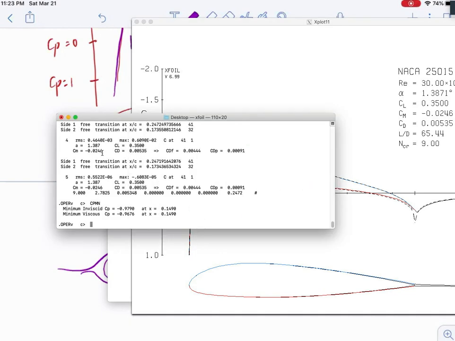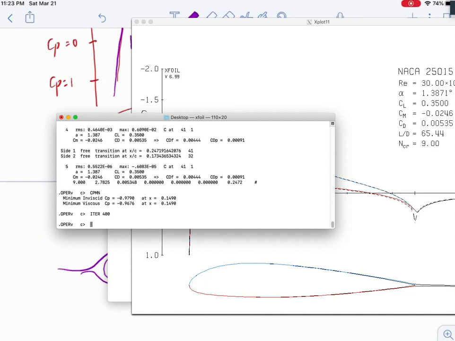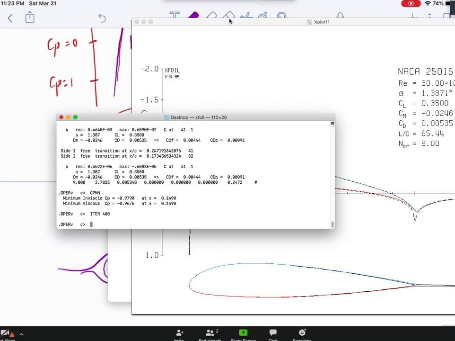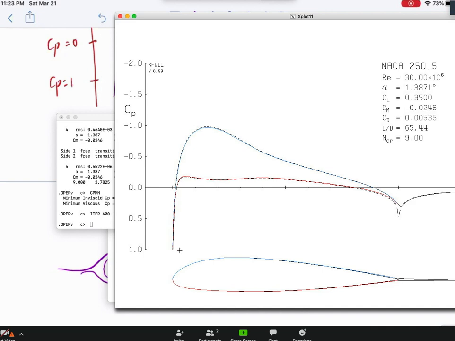To do that, I advise doing iter 400. When XFOIL is running, it runs an iterative solver where it solves for the inviscid pressure distribution over the foil. Then it computes the boundary layer properties by integrating from the leading edge back, and that adds an effective thickness, or displacement thickness, to the foil.